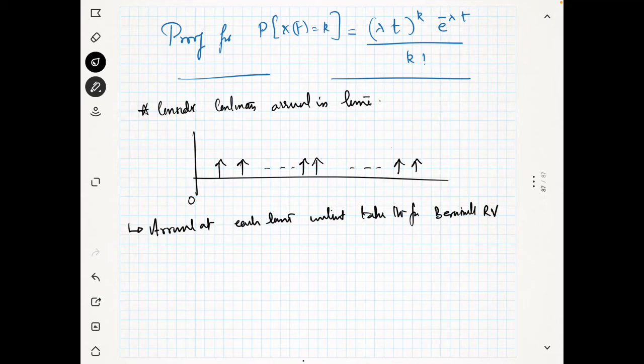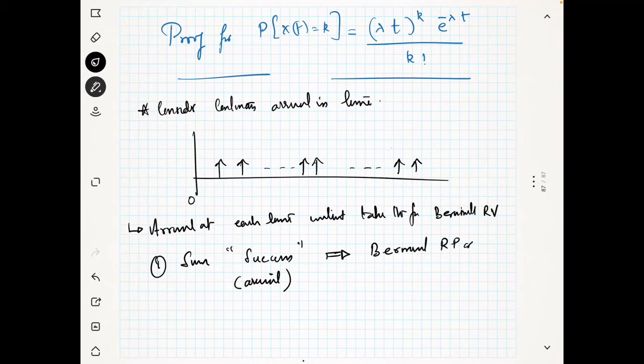So the sum of arrivals can be represented by the Bernoulli random process, or we can say binomial distribution.